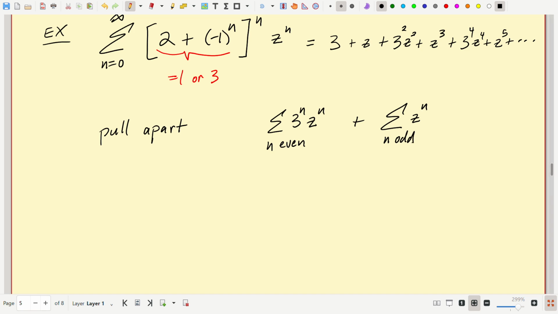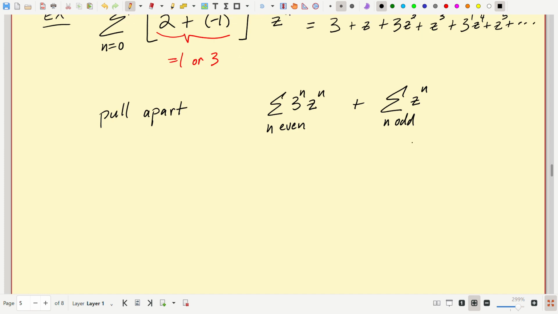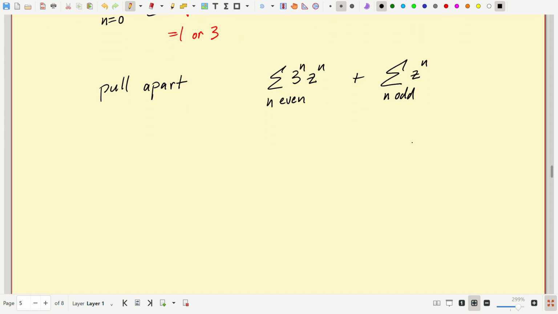And those have two different radii of convergence. And when you add two things, the radius of convergence is equal to the minimum of the two radii.